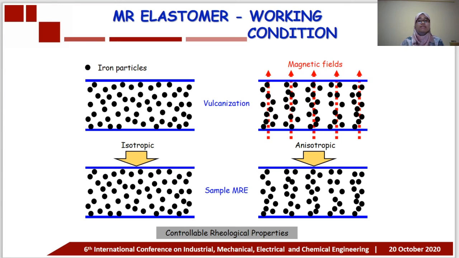However, when there is a magnetic field applied during curing of MRE, then the magnetic particles would be locked in the rubber-based matrix in an aligned manner, and it is known as anisotropic-type MRE.